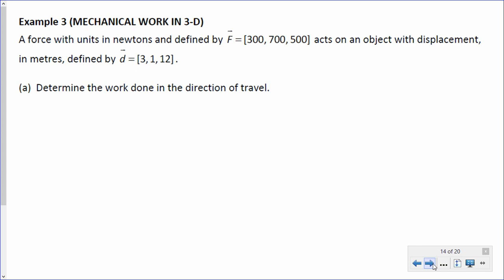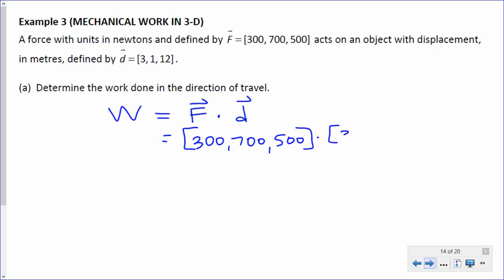Work done. What was the work formula again? Force dotted with displacement. Man, I wish I had vectors for those. Oh, I do. 300, 700, 500, dotted with 3, 1, 12.